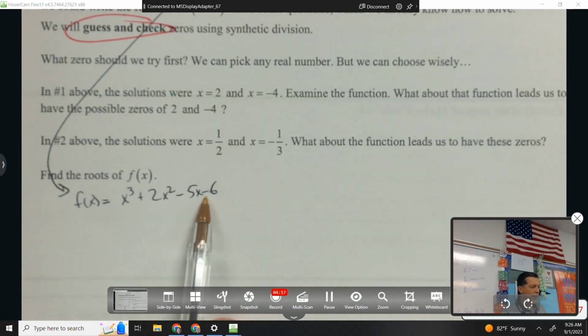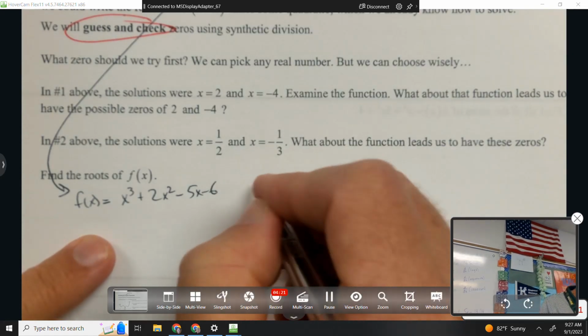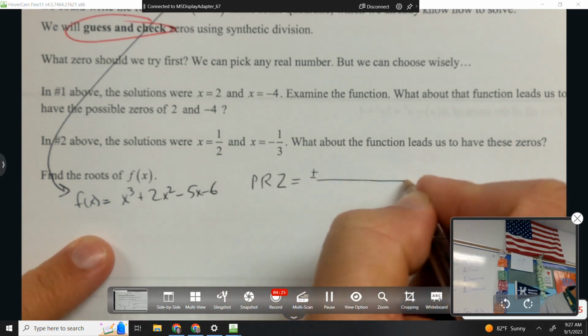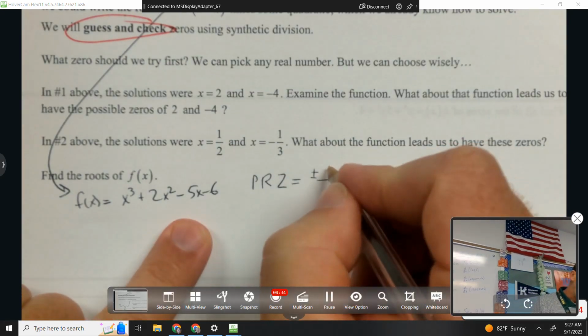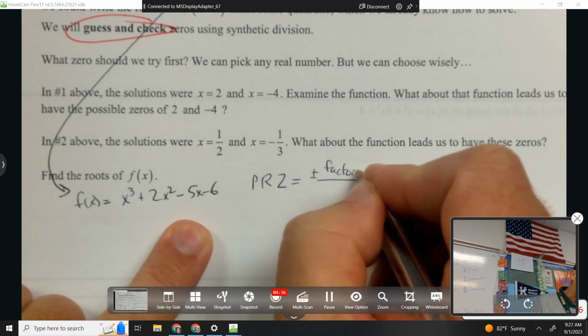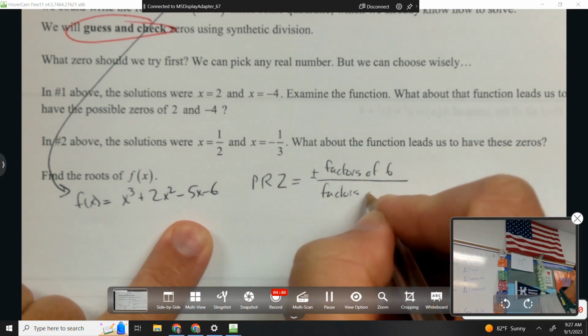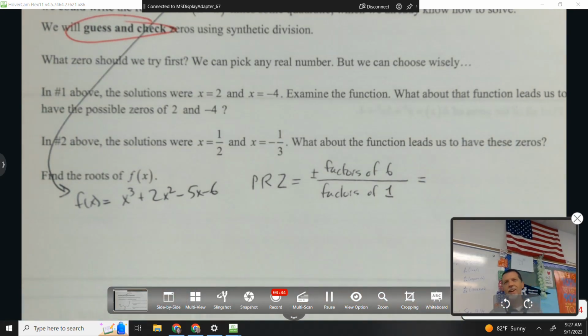Finding the roots of that, where would I even start except at my possible rational zeros? And we usually don't write them all out. You can if you want to, but let me just slow it down a little bit. Factors of 6 over factors of 1. I like the factors of 1, because there's only one option there.